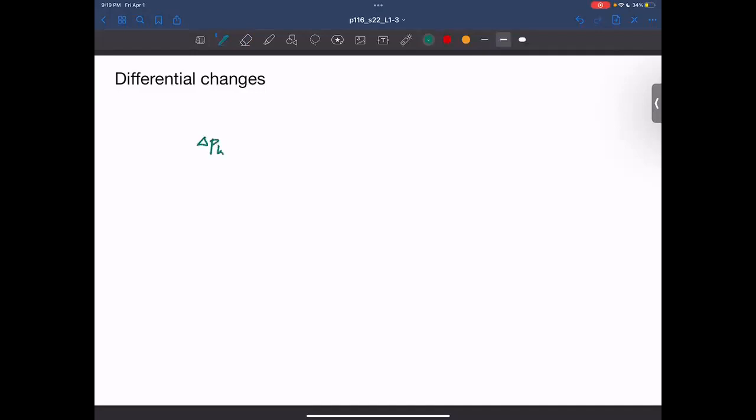So we take the kth component, expand, say J. So we're going to think of this as the change of component.